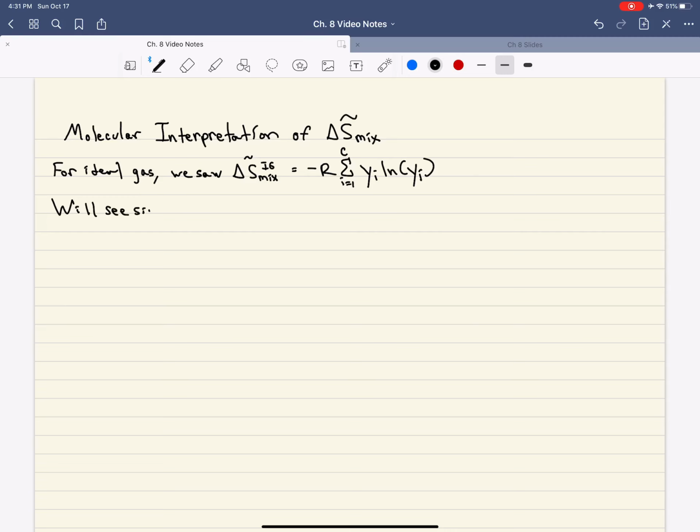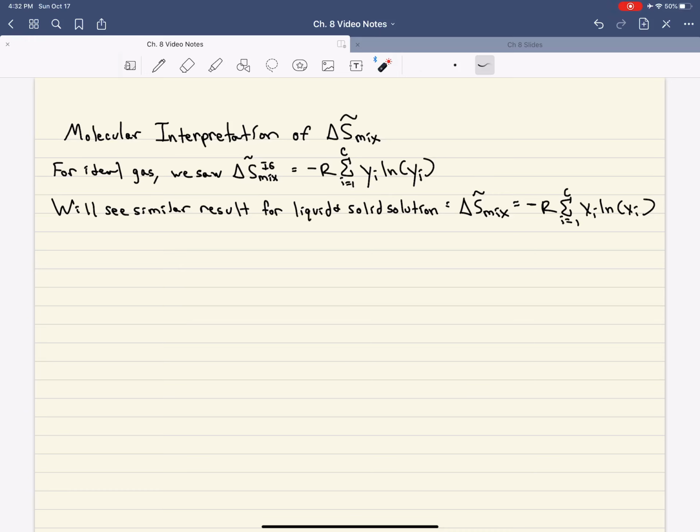that even if we're not dealing with gases, if we're dealing with liquids or solids, we'll also see that delta S mix will be equal to minus R summation of x_i ln x_i.